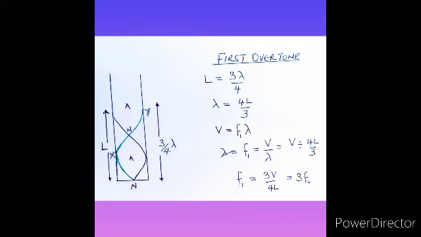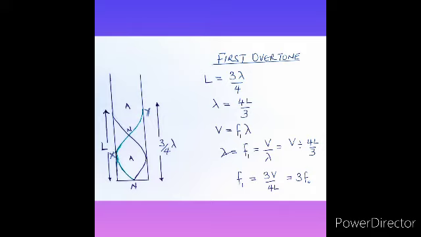Next, we want to look at the frequency. How do we derive the frequency of the first overtone? Now, with our diagram, we can see the first overtone formed already. The length still remains L. Now, the wavelength going from N at the closed end of the pipe up to Y is equivalent to 3 over 4 lambda, because between N and another N we have half a wavelength, and from N to Y we have a quarter of a wavelength.